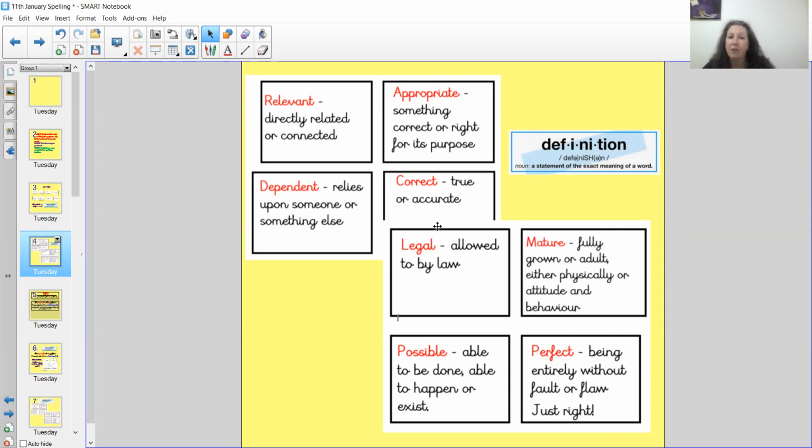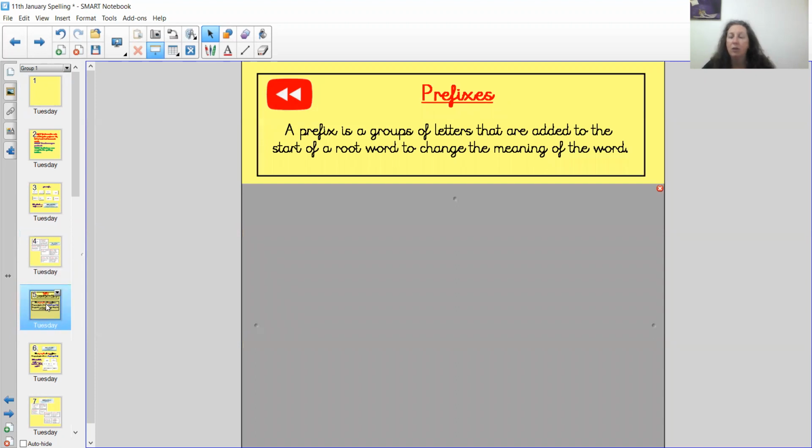Okay, so now we have those definitions, we will move on to the next slide. Rewinding back to prefixes, we know that a prefix is a group of letters that are added to the start of a root word to change the meaning of the word, which is why we went through the definitions, because we know by adding those prefixes that we are going to change the meaning of the word.